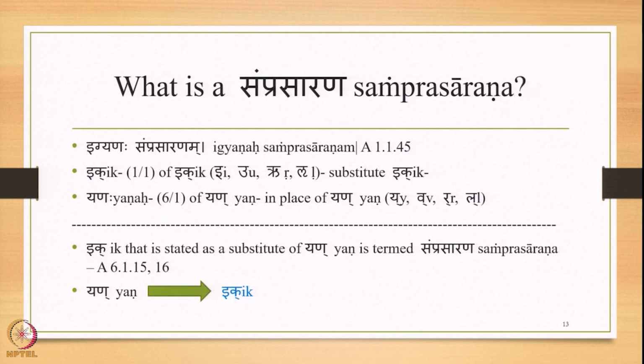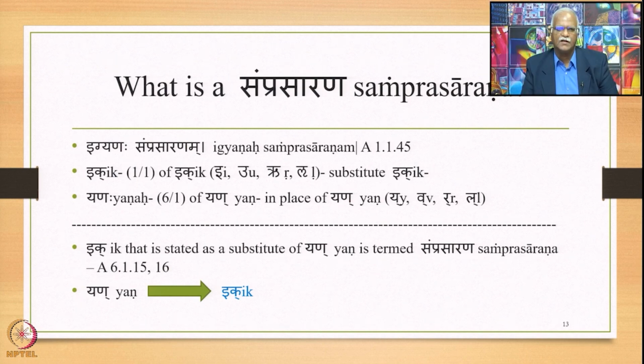So what is a Samprasarana is the next question. And Samprasarana is a technical term defined by Panini by this particular sutra, Igyanas Samprasaranam 1.1.45. Ik, as we know, is a pratyahara and it captures the sounds I, U, Ru and Lu, and ik is in 1/1, so ik is the substitute.